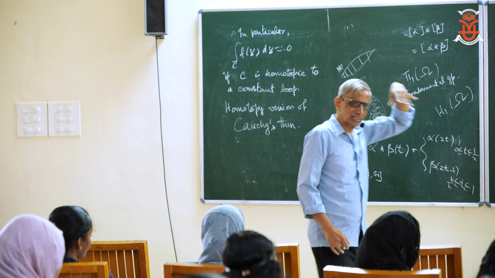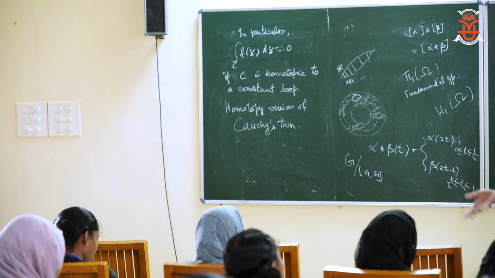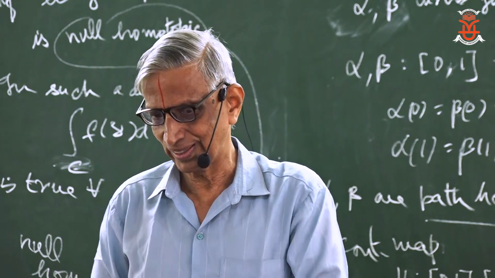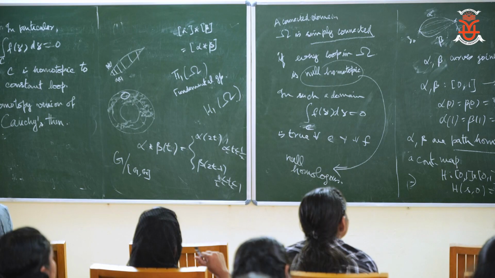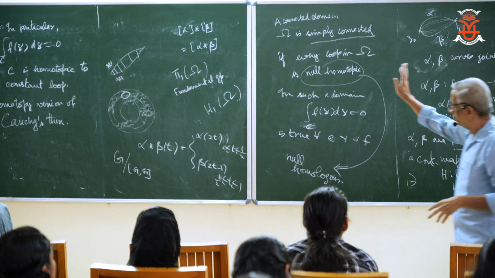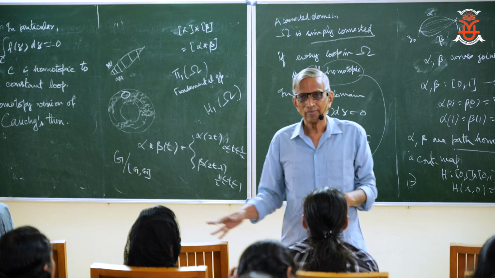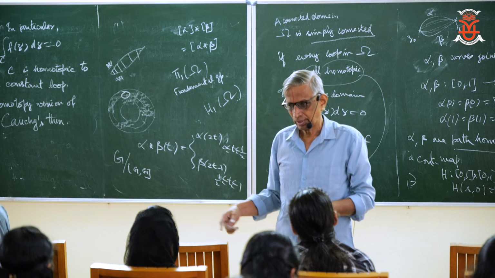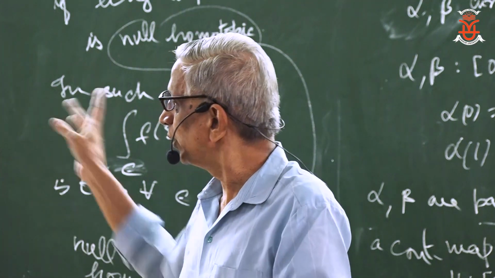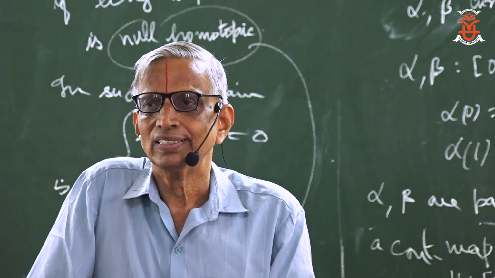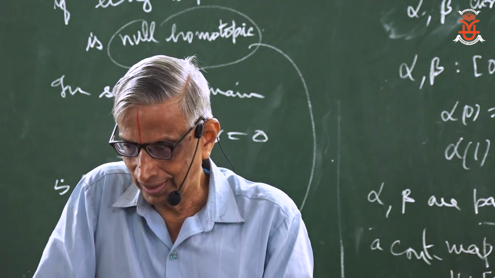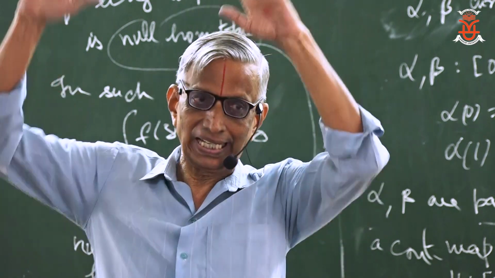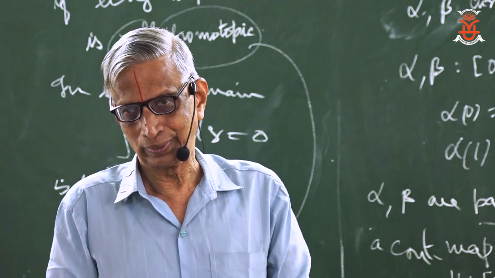So anyway, this is a lot of topology behind all these general versions of Cauchy's theorem. All this goes through in general topological spaces as well, but here in the complex domain, usually the definition of simple connectivity, without going to homotopy, can be given as: a domain omega is simply connected if the complement of the domain in the extended plane is connected.